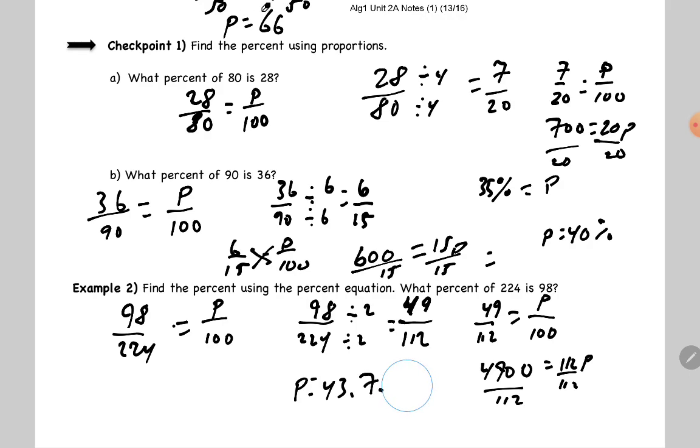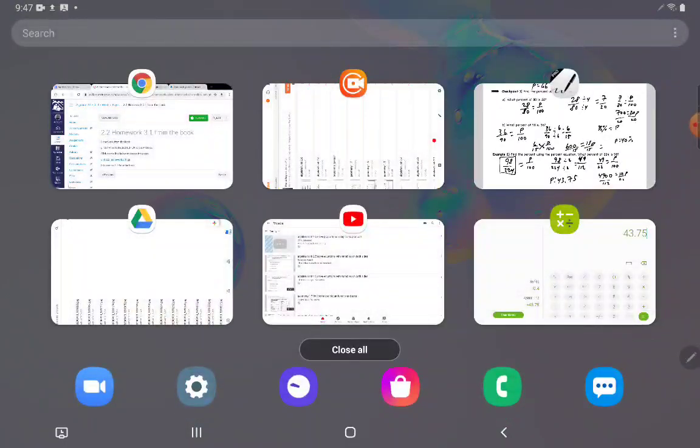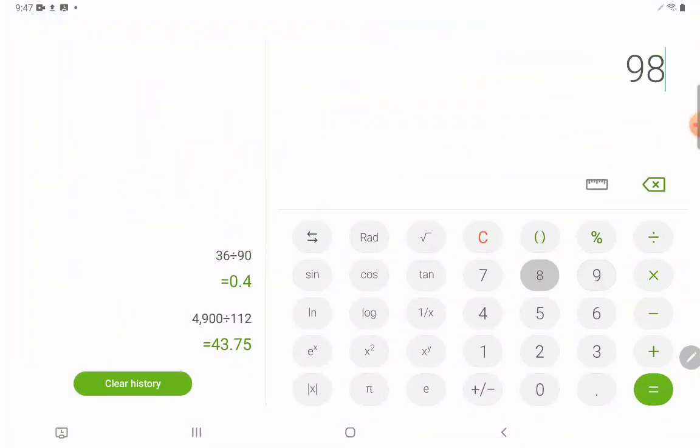Okay. Now this is using the percent equation. If you want to do it normally, just put the original 98 out of 224 in your calculator. So 98 divided by 224.